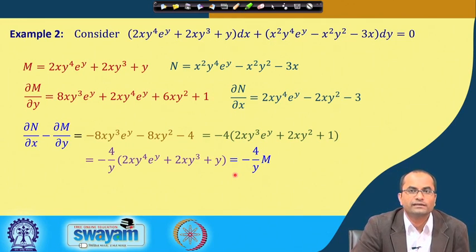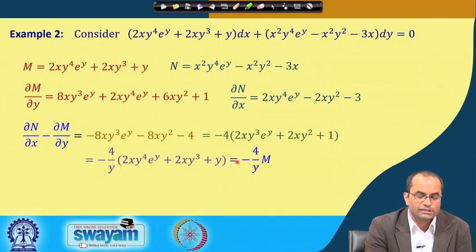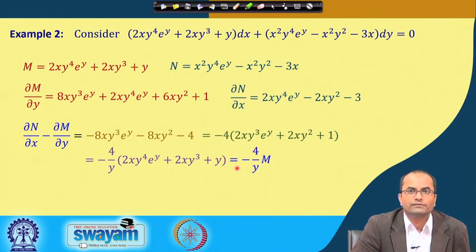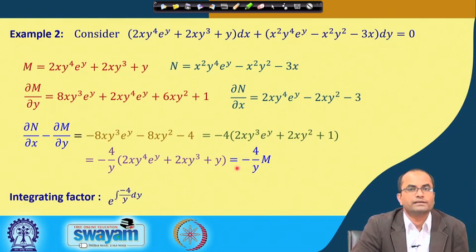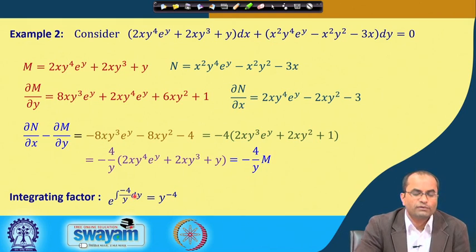So, that was exactly the second case where we have seen that this del N over del x minus this partial derivative of M with respect to y, divided by M, if it is a function of y alone, then we can find the integrating factor easily, and the integrating factor will be exponential of this minus 4 over y dy. That is the integrating factor, which comes to be y power minus 4.